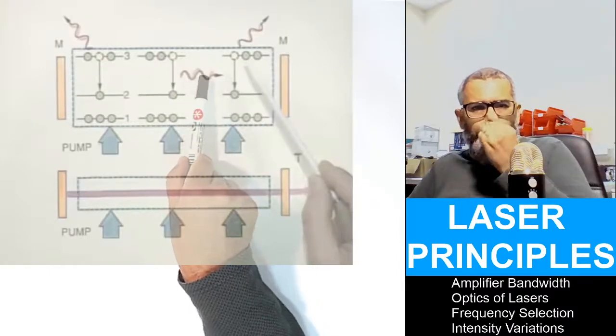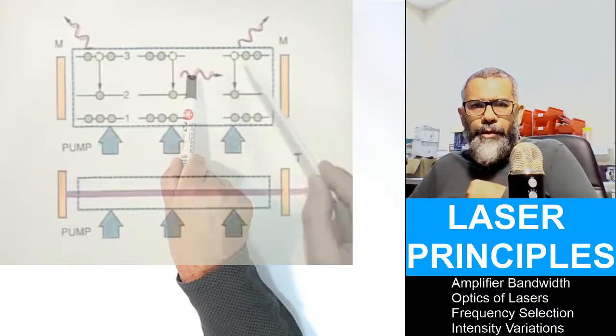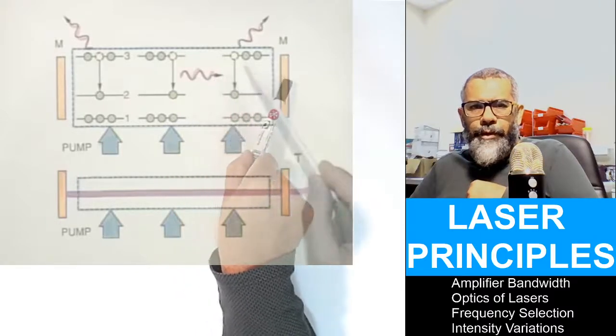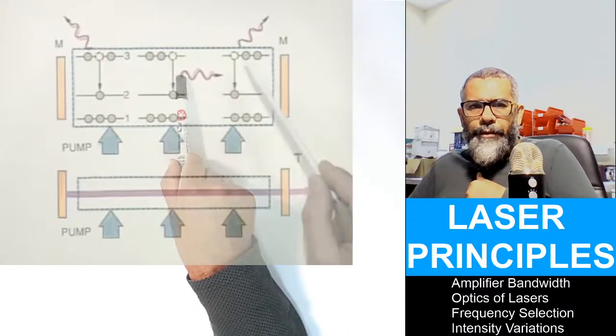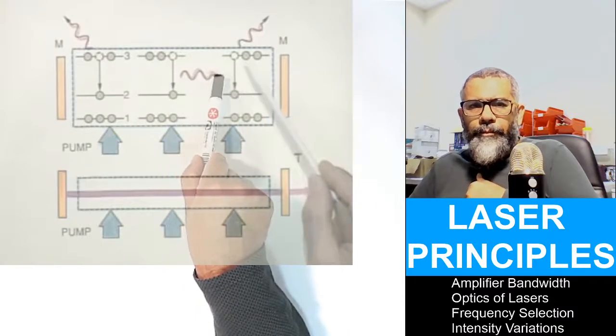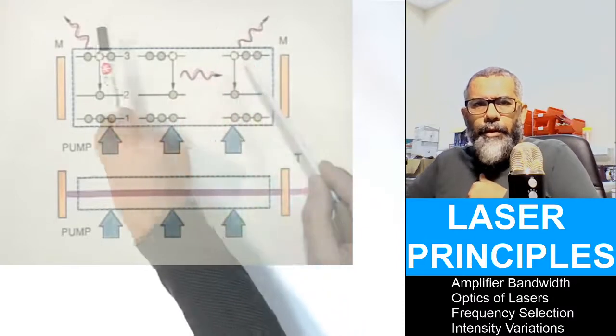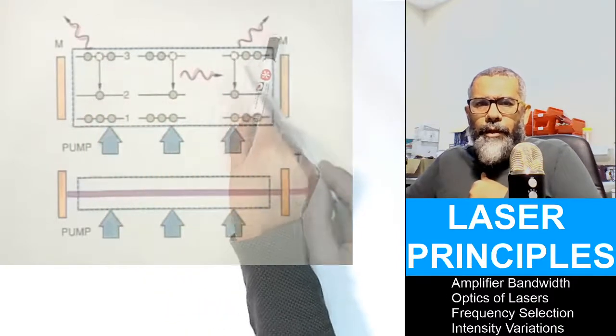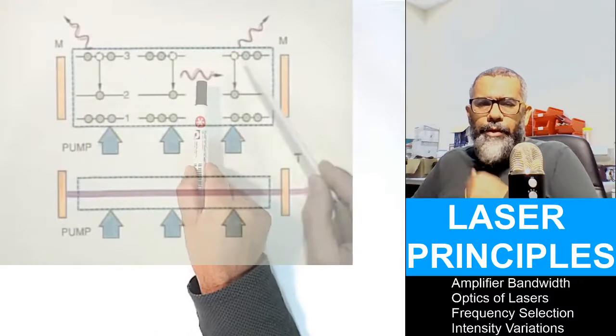I mean, these photons. So suppose this is the photon that goes through this right mirror, and this photon is going to be one of the photons in our laser, but not these photons. These photons are not going to be laser photons, but this photon is going to be a laser photon.